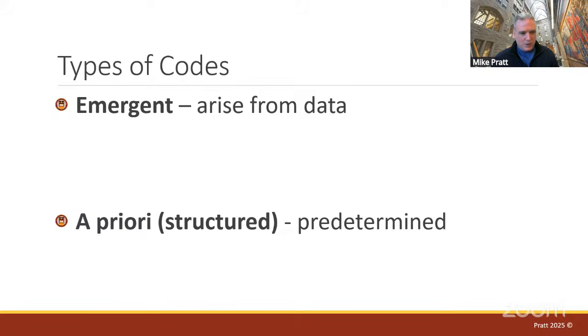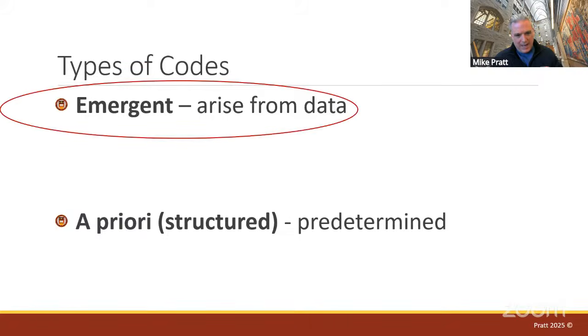So if you see structured or a priori, they're probably talking about the same thing. That's if I have a code book or something that I set out before I analyze my interviews. This is deductive coding of data, and I'm not going to focus as much on that. I'm going to focus much more on inductive coding, which emerges from your data.